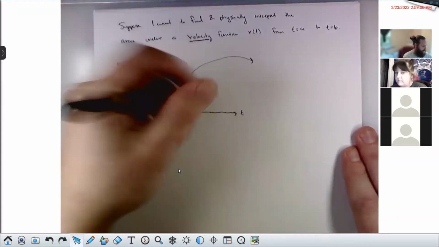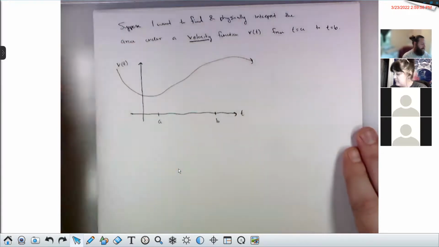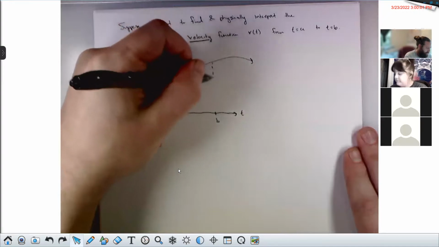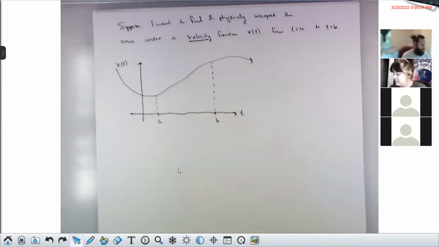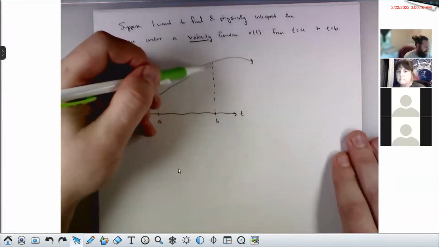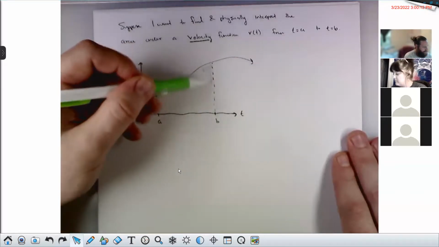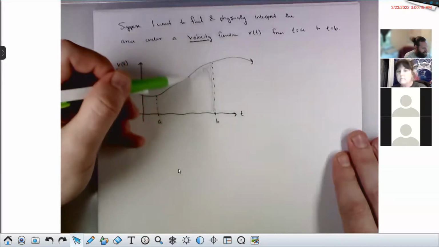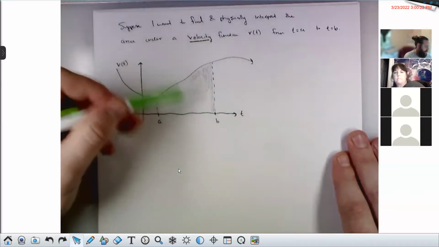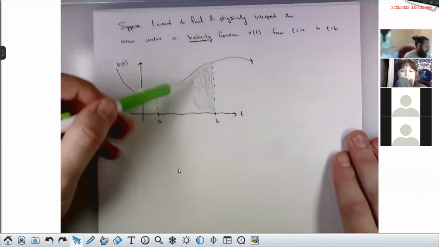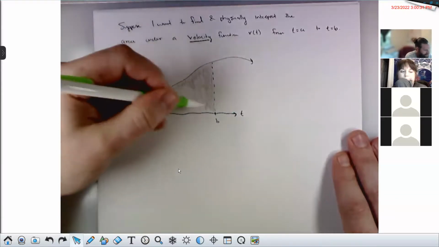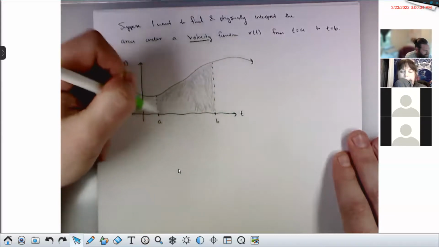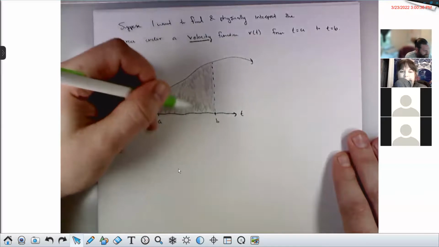And I'm starting here at a, and then over here at b. So the area would be this area.